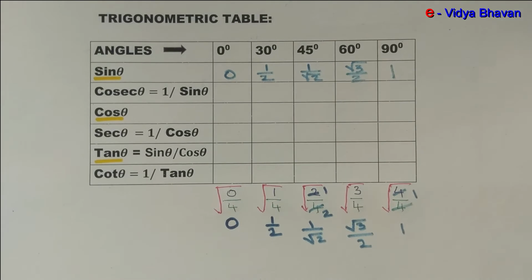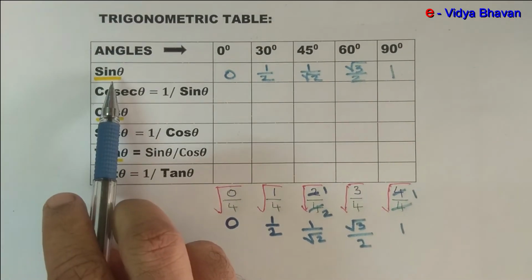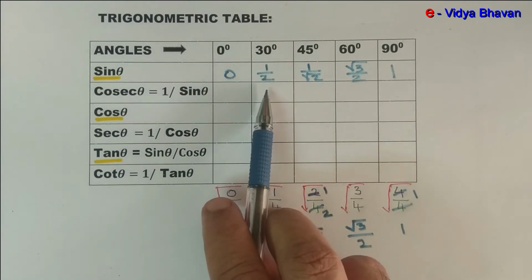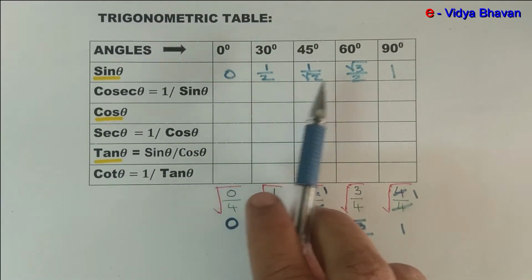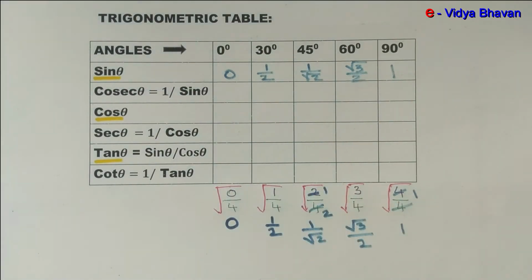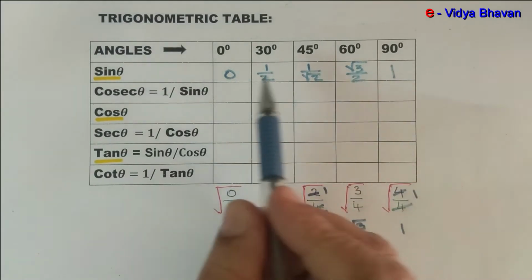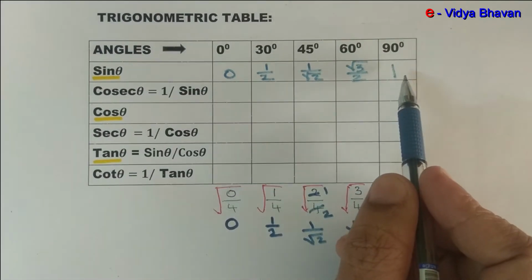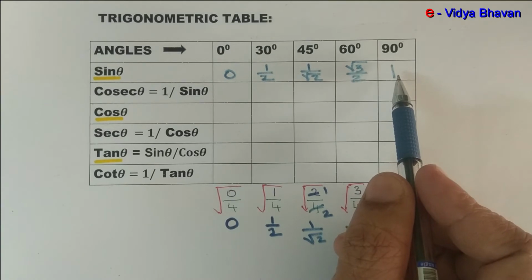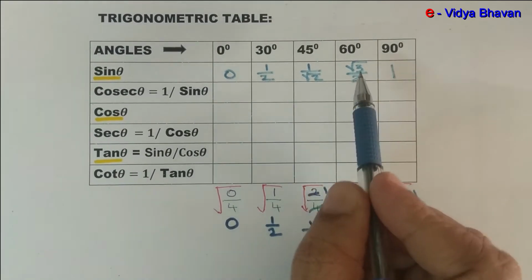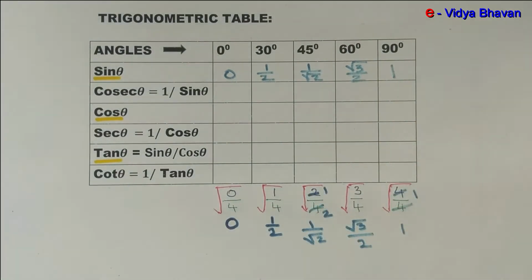Now you have got the values of sin theta: 0, 1 upon 2, 1 upon root 2, root 3 by 2 and 1. If you don't want to remember this technique, you can directly memorize these 5 numbers. Start with 0 and end with 1. In between we have 1 upon 2, 1 upon root 2, root 3 by 2.